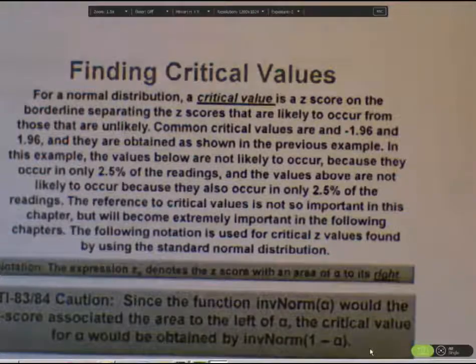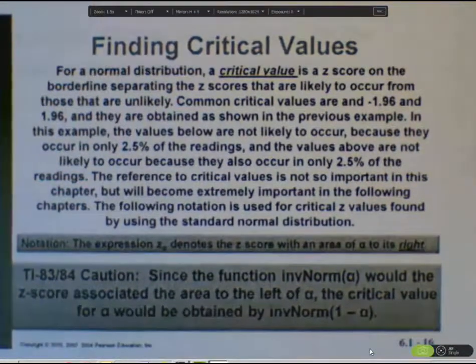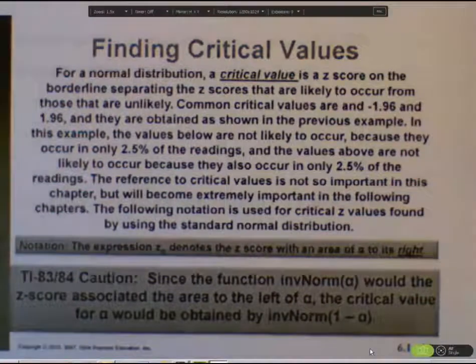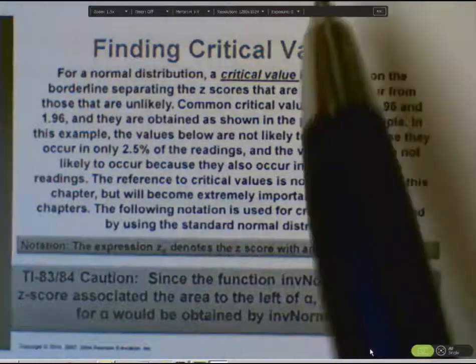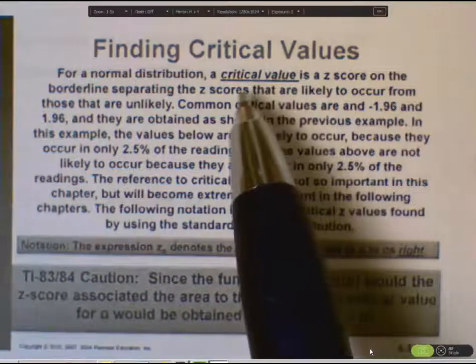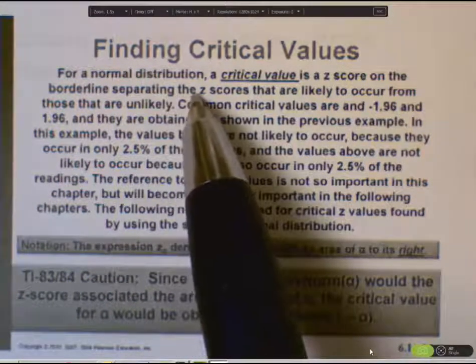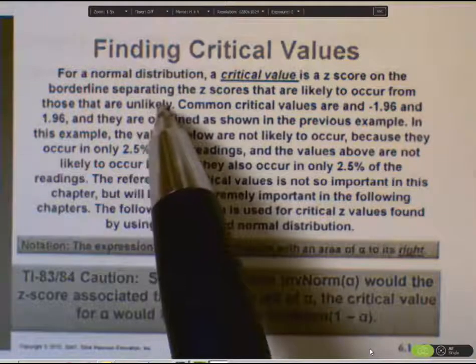There's only one other thing in this section, and it is also finding a z-score, but it's a very particular z-score called a critical value. Critical values are going to be important in Chapter 8. So let's talk about what a critical value is. A critical value is a z-score on the borderline separating z-scores that are likely to occur from those that are unlikely.